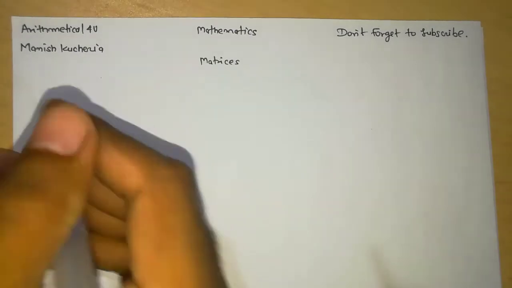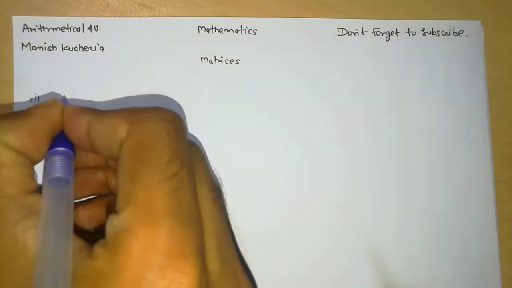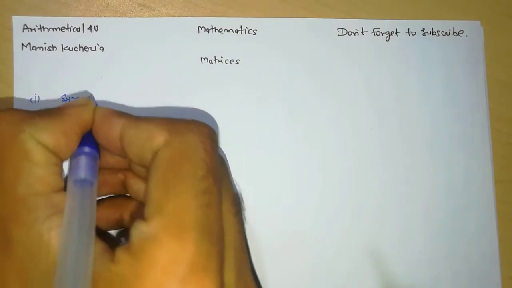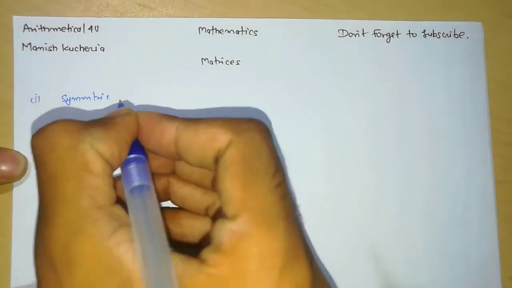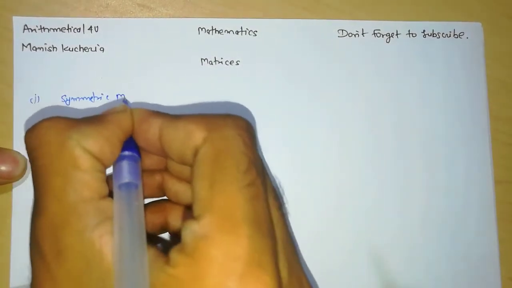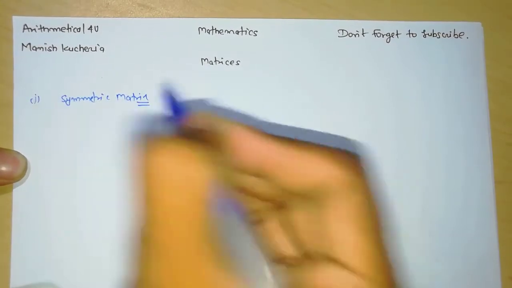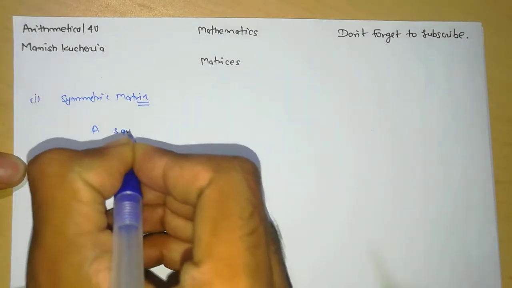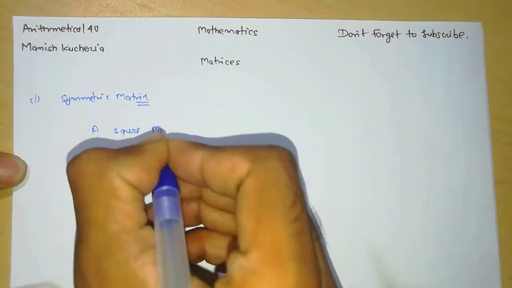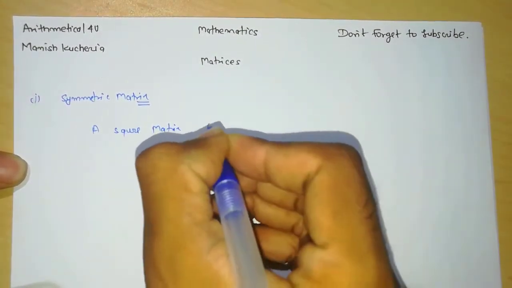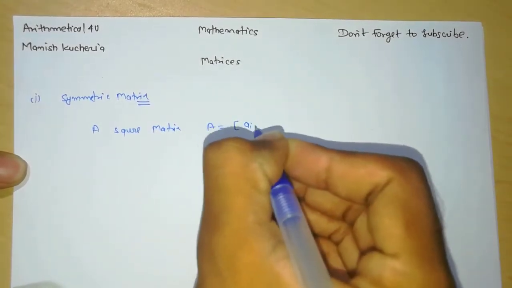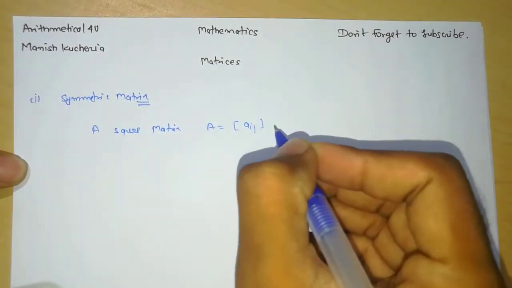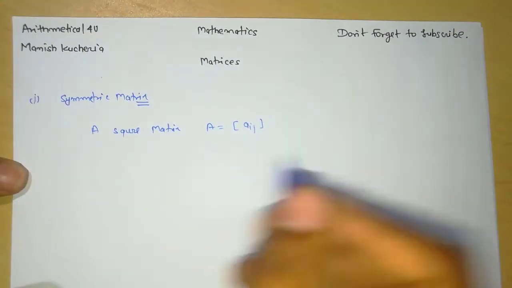First of all is the symmetric matrix. The condition is a square matrix. Suppose A equals Aij.